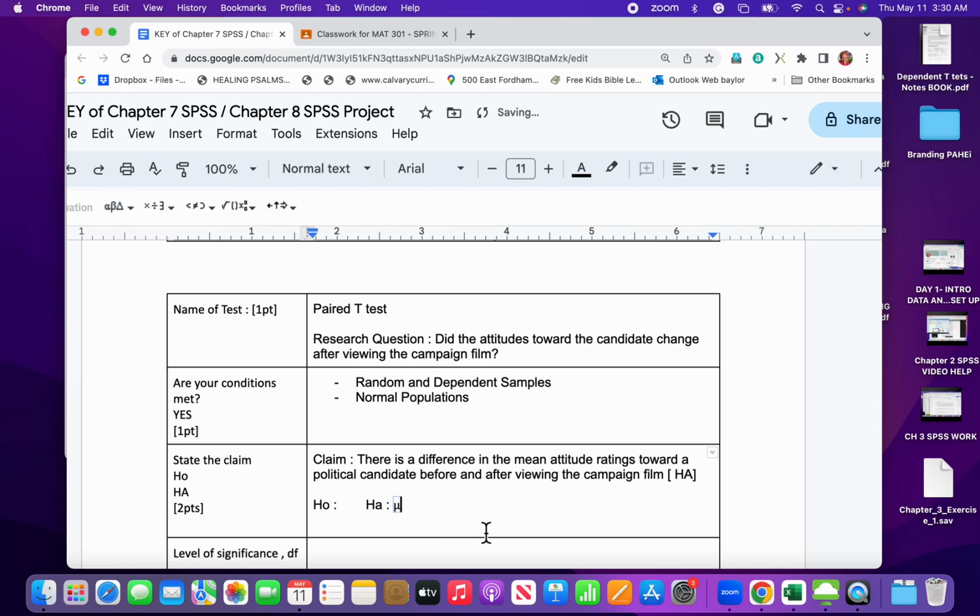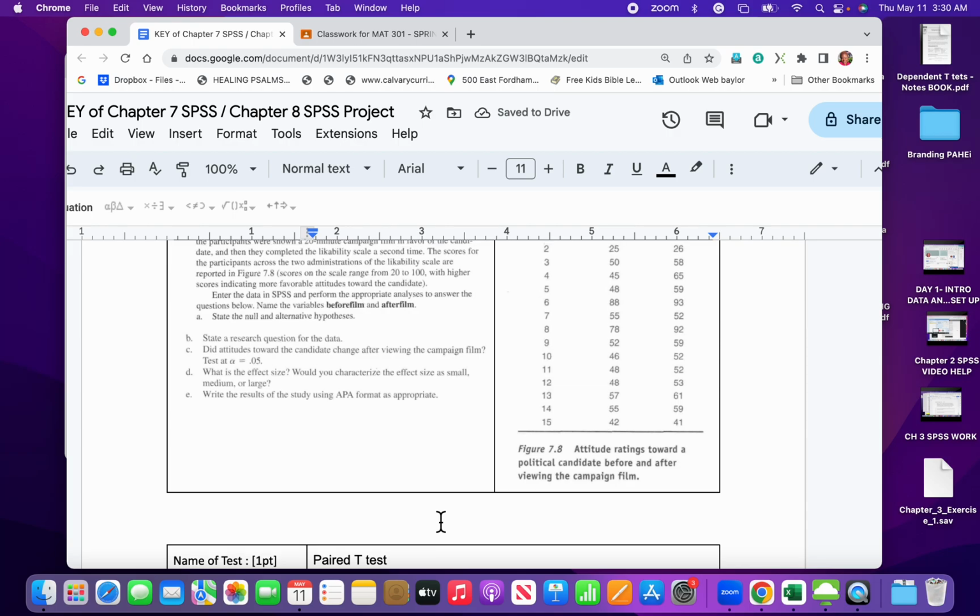Remember, it's a difference between your pairs. So it's a mu d. Mu d is going to be different than 0. And this guy here is going to be mu d equal to 0. And that's it. But this is where your claim is at, right here.